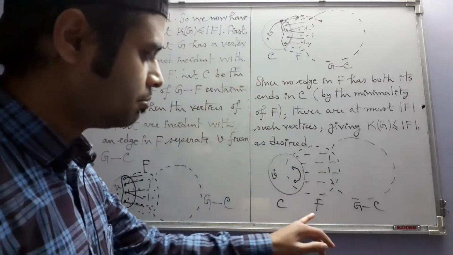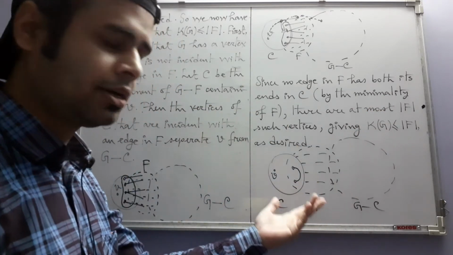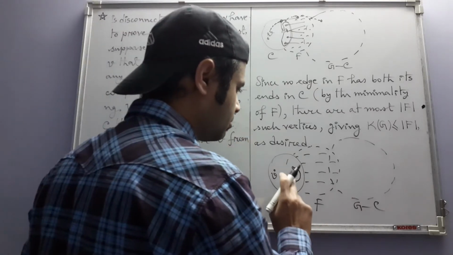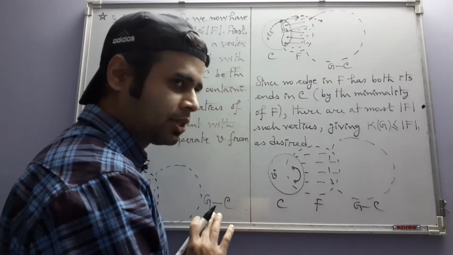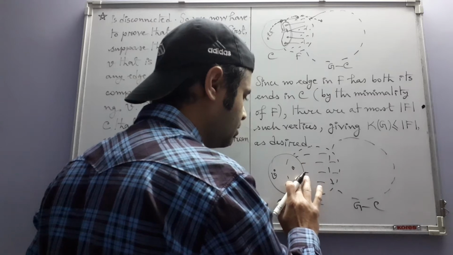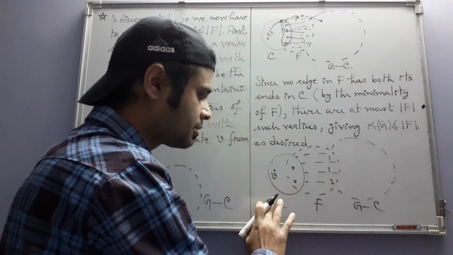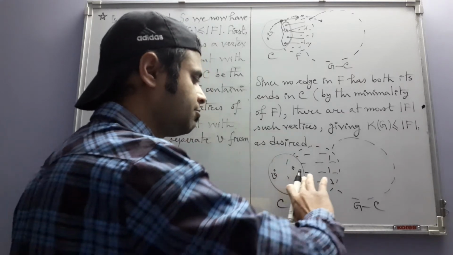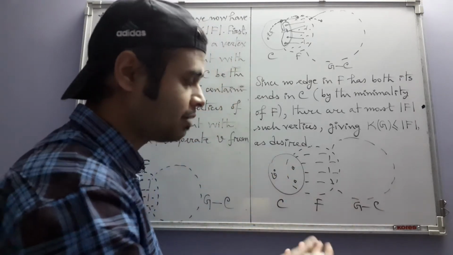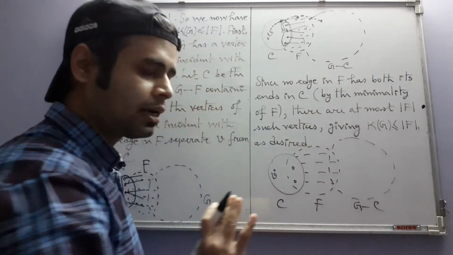Since removal of F disconnects G, G minus F is disconnected, that's how we have chosen F, and F is a minimal subset. So once we perform that operation, this edge will not be there along with the other edges in F. So C becomes a component, an island in itself, and the rest of the graph, G minus F, has the other components.